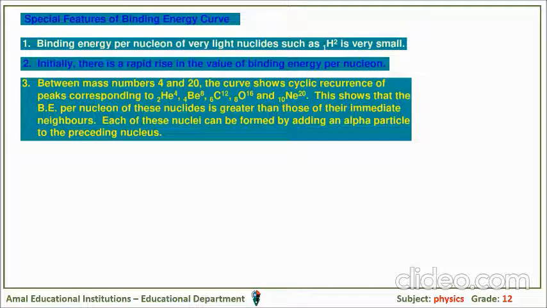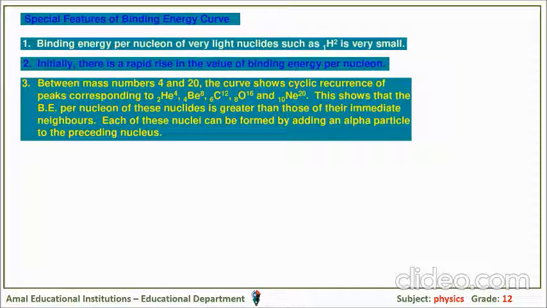Between mass numbers 4 and 20, the curve shows cyclic recurrence of peaks corresponding to helium He-4-2, Be-8-4, C-12-6, O-16-8, and Ne-20-10. This shows that the binding energy per nucleon of these nuclides is greater than those of their immediate neighbors.